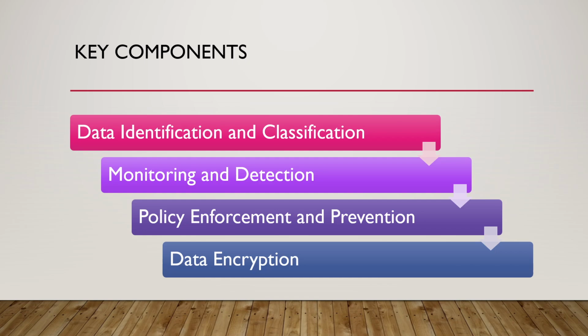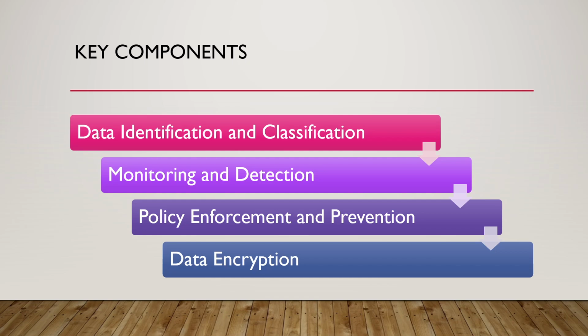So there are a few different key components to DLP. The first component is data identification and classification. We need to classify all our data before we can even install a DLP, mainly because, how do we know what protections to put on the data? Once we know that, we can then go to monitoring and detection.